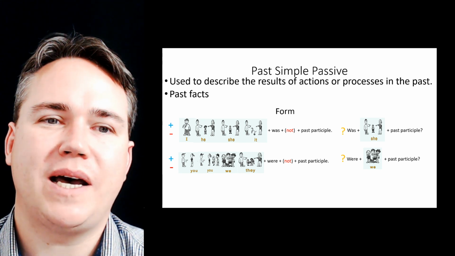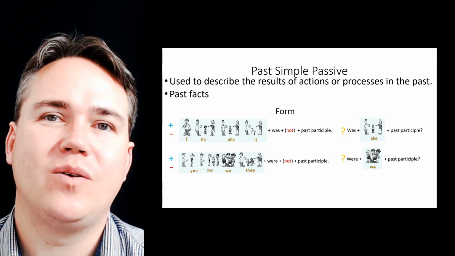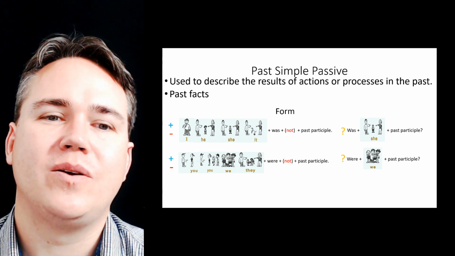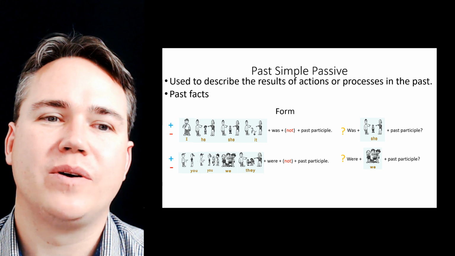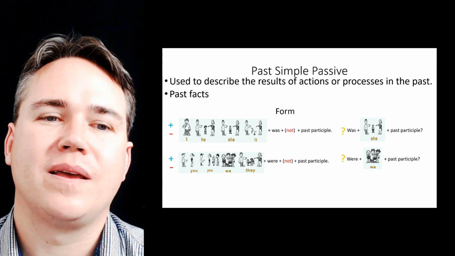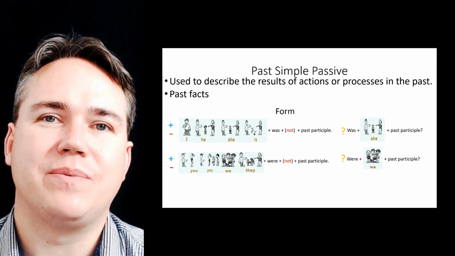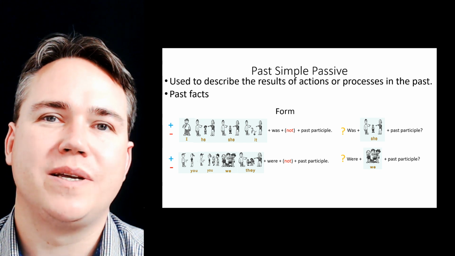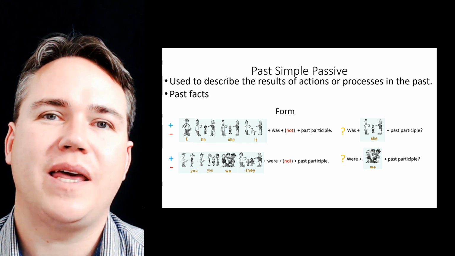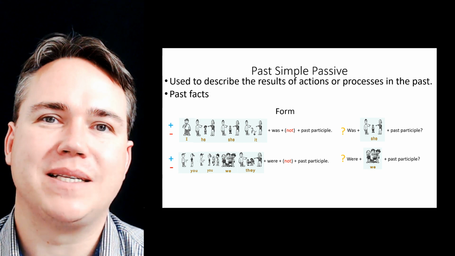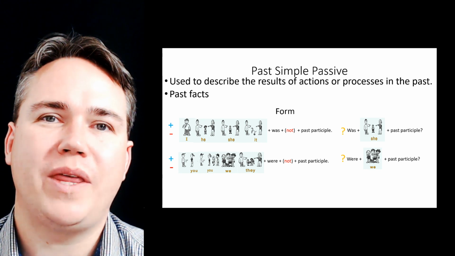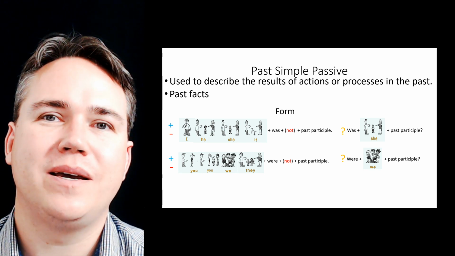Or was I, was he, was she, was it, and past participle. You were, they were, we were, and past participle. You weren't, we weren't, they weren't, and past participle. Were they, were we, were you, and past participle.